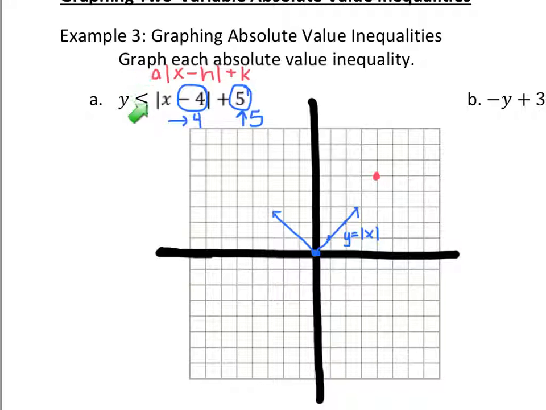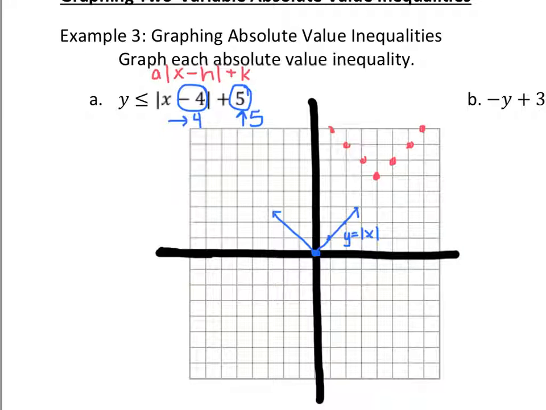Is it different than the parent function? No, right? It's an invisible 1 right there. So did it stretch or shrink? No. Did it flip upside down? No. So we can follow the basic shape of our parent function, the up 1 over 1, for this one. And we have our skeleton.